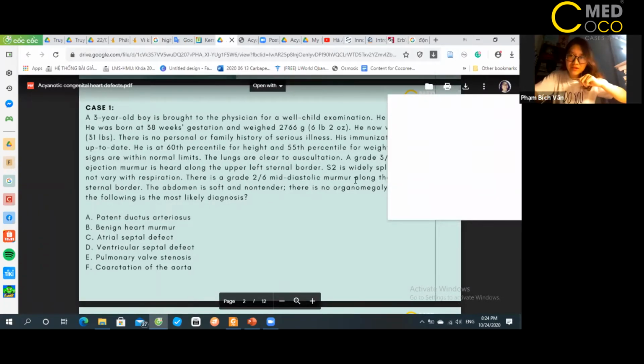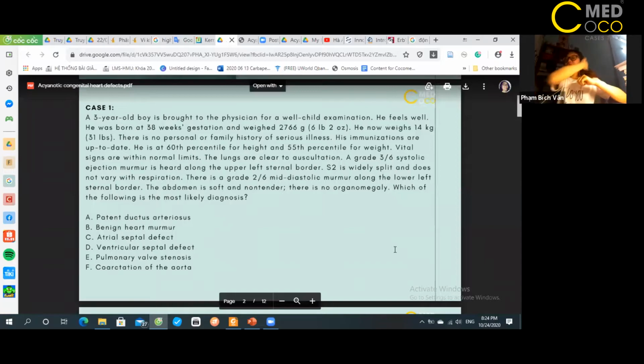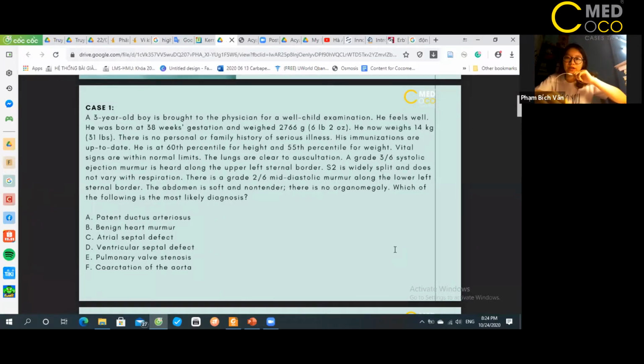Yes, of course. A 3-year-old boy is brought to the physician for a well child examination. He feels well. He was born at 38 weeks gestation and weighed 2,766 grams. He now weighs 14 kilograms.